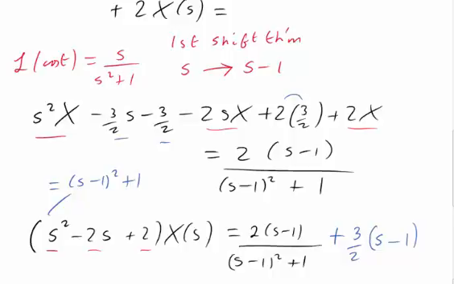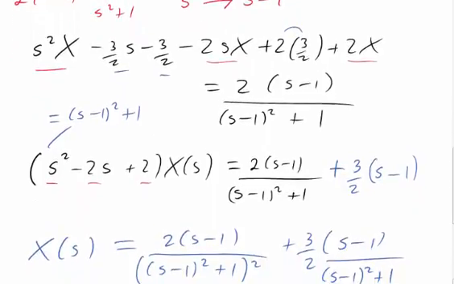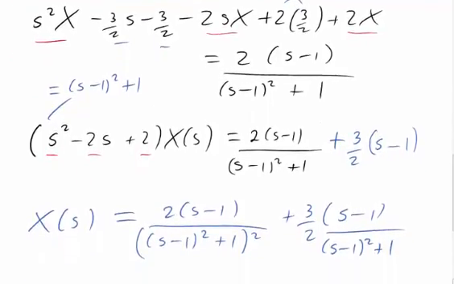Having noticed that, let's write it that way. So here's our capital X of s. In the first term, the completed square quadratic underneath is now squared because it's been divided again by the same quantity. I've written it as a completed square in the second term as well.